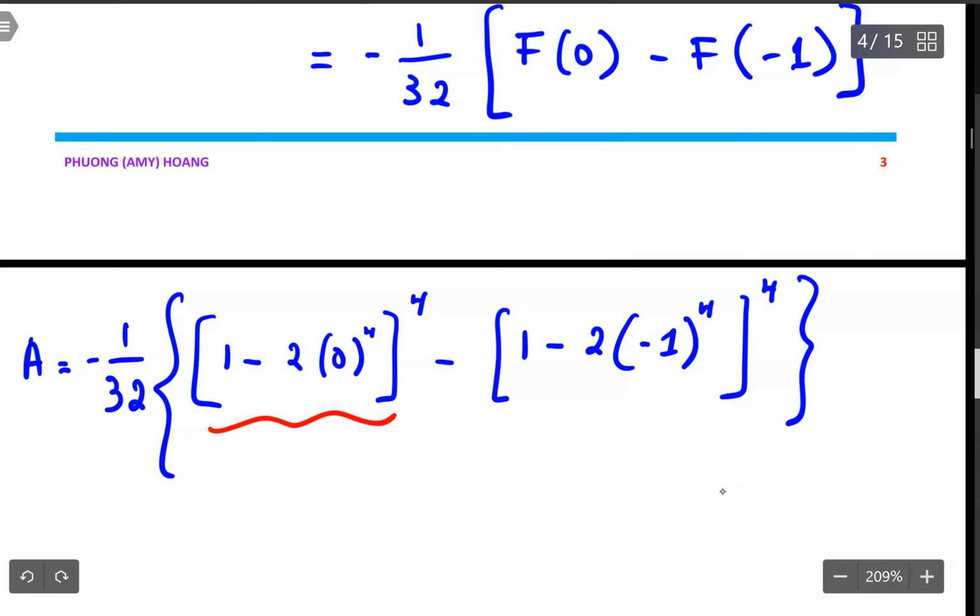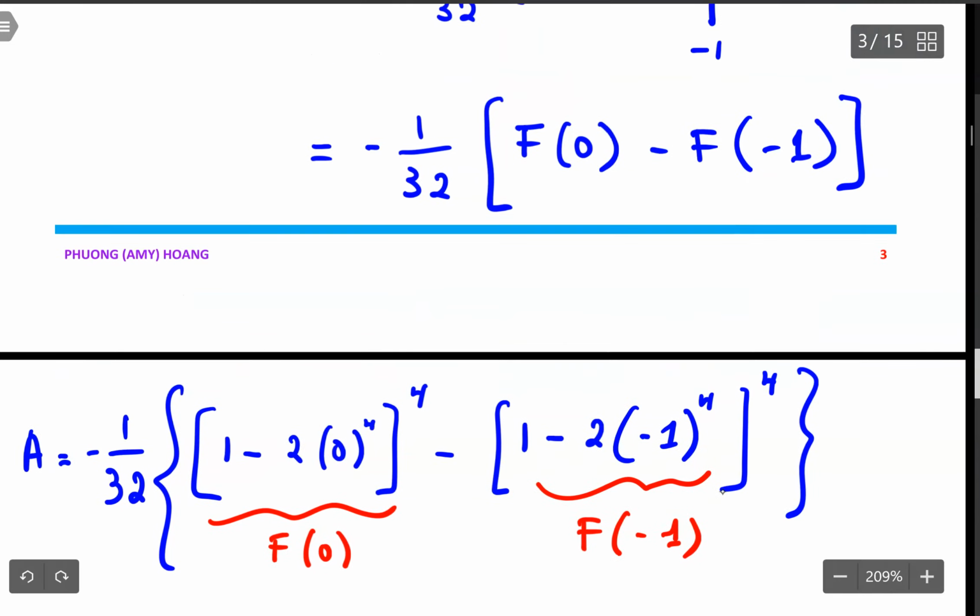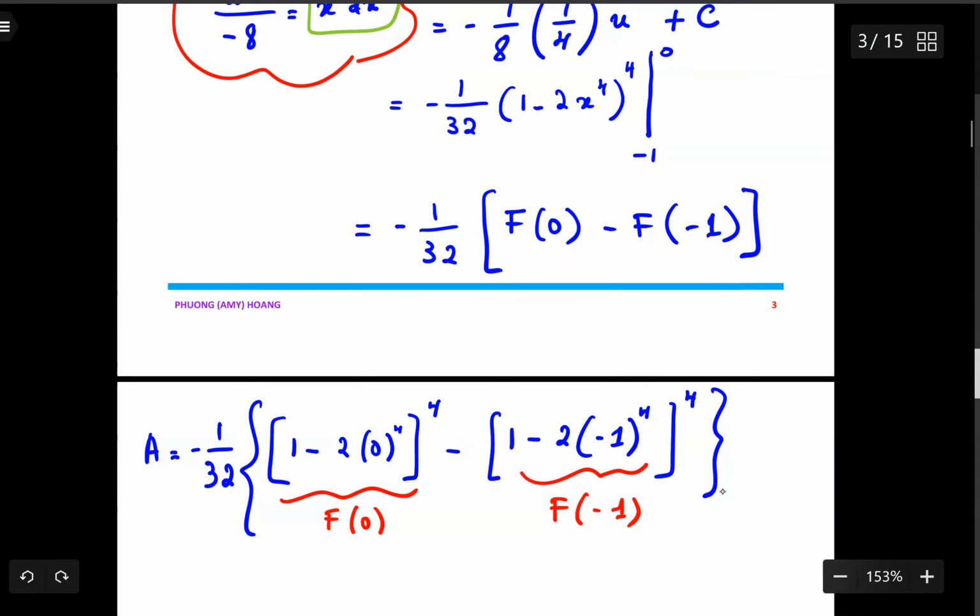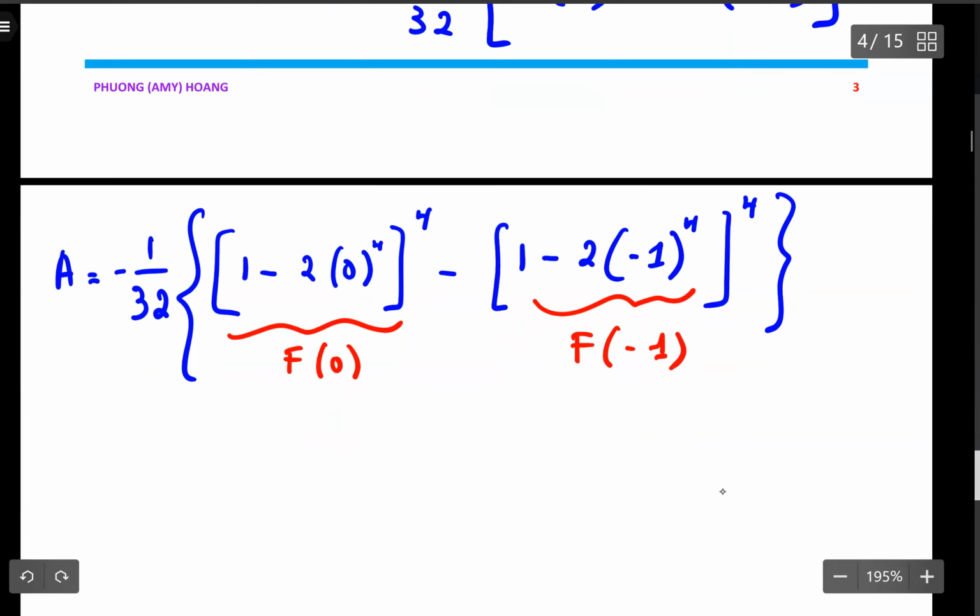Right here, this should be my f of 0. Right here should be my f of -1. So where the x is, I replace it with the upper limit of 0, and I replace that with the lower limit of -1. So we have -1 over 32.